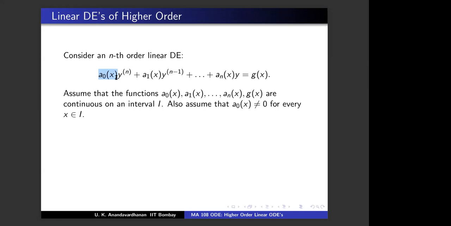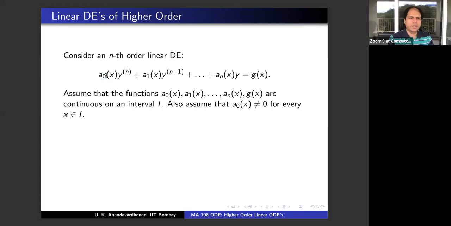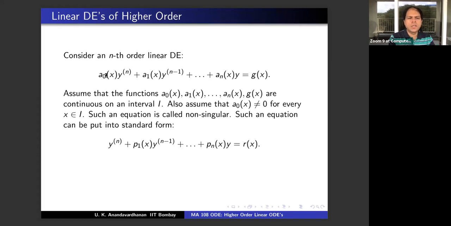Standard form. Correct. Very good. So if the leading coefficient is never zero, you may call that equation non-singular, and then we can put this into standard form. This is crucial for most of our results, as you will recall from second order. So in nth order, it's the exact same story. Put it into standard form.